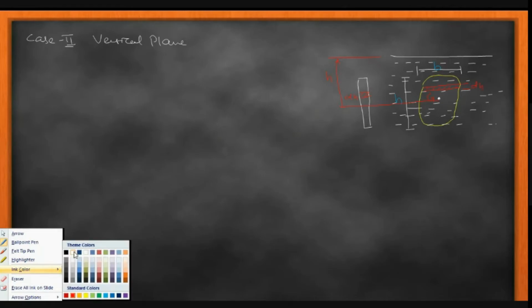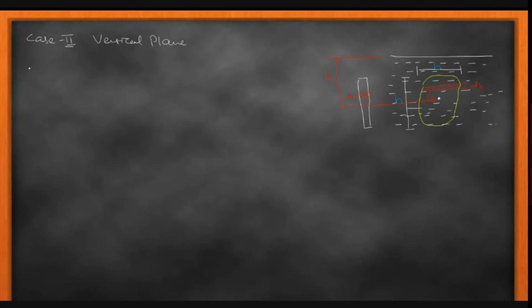Now I'm taking the different nomenclature that I'm going to use. Let's say A is the area of the plane, and capital G is the center of gravity, which we generally call CG. H is the height of these elementary strips from the free surface, and the height of the center of gravity we are taking as H cut.